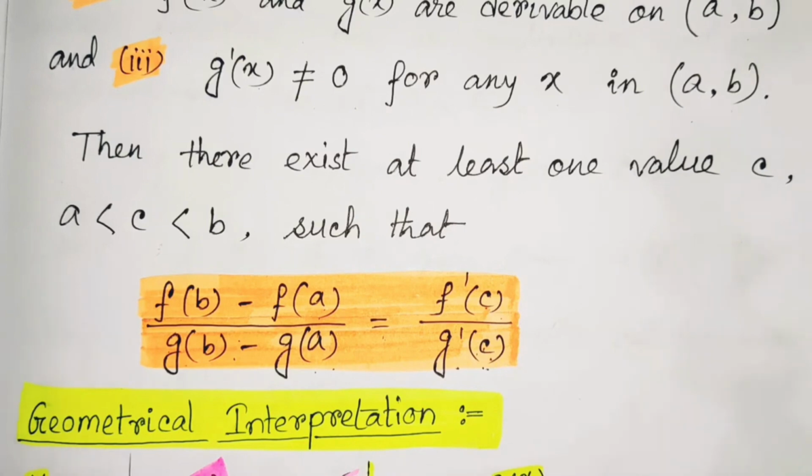But if we apply Cauchy's mean value theorem, we can say that somewhere during the entire journey one bike definitely attains double the speed of the other one. Otherwise it is not possible to cover exactly double the distance within the same stipulated time. So that is one thing you can imagine about Cauchy's mean value theorem.